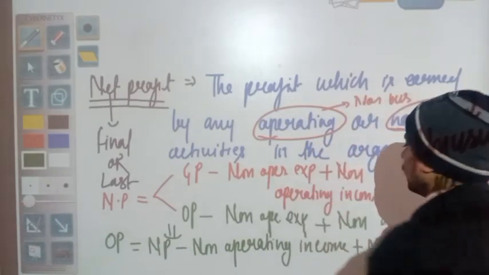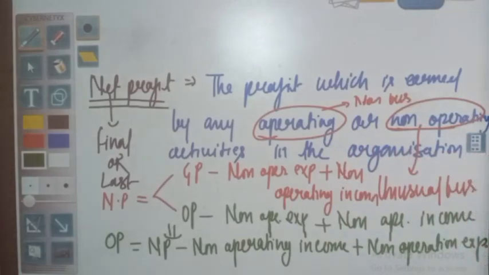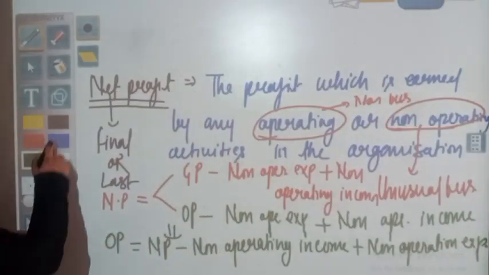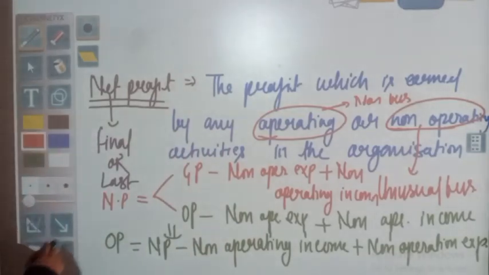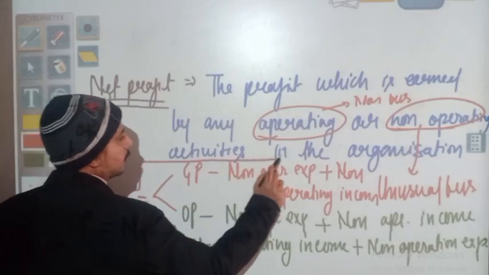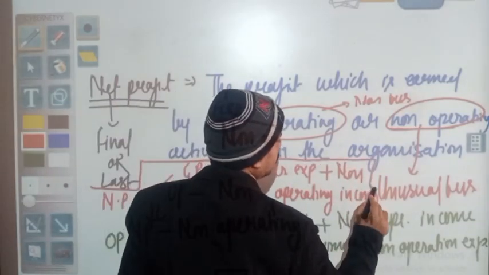So I hope now this formula is very much clear to you, that if we want to calculate the net profit, it could be calculated by the formula which is given here before you.